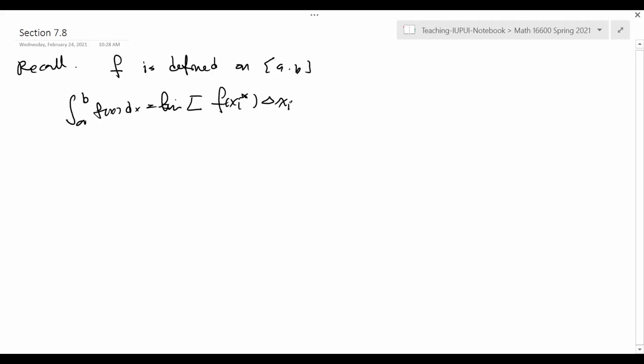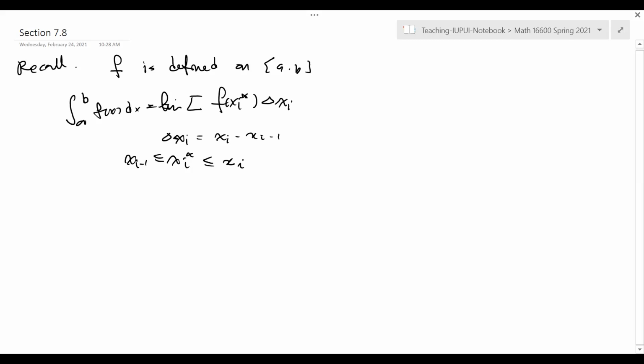So that's the definition of the integral. Here delta xi is xi minus x(i-1), the size of the subinterval, and xi star is an arbitrary point. It doesn't matter where it is.